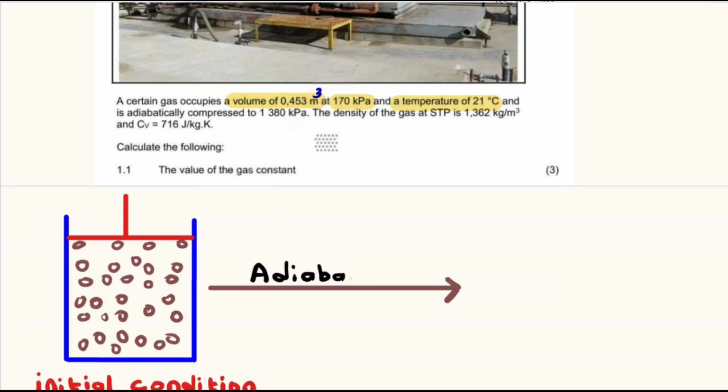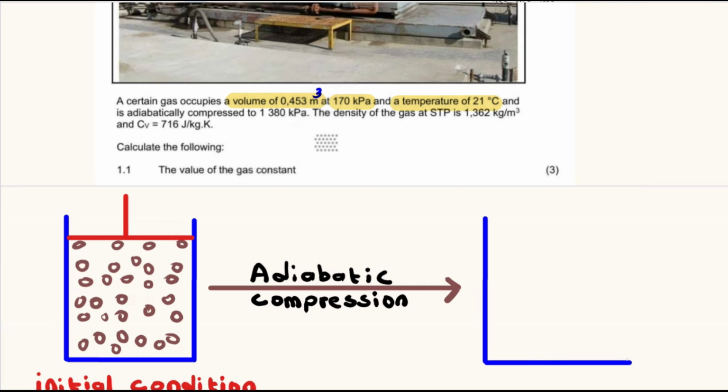compress it, there is no heat transferred to the system. So there is no heat which is transferred to the system or transferred out of the system. But that does not necessarily mean that the temperature is not going to increase. The temperature is going to increase because of the work done by compressing the gas. Remember that work done is the force multiplied by the distance it acts over.